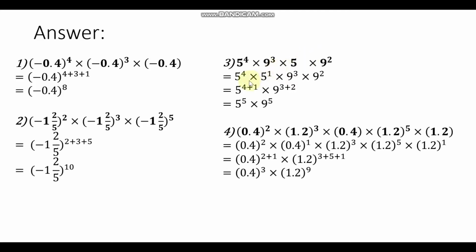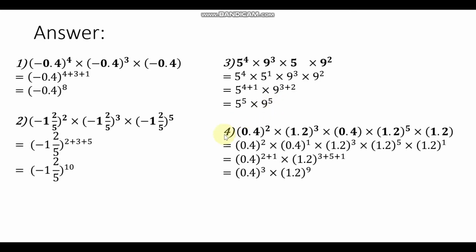So after we put 1, we rearrange them according to the same base. So 4 plus 1, and 9 to the power of 3 plus 2. So we got the answer here, 5 to the power of 5 times 9 to the power of 5.